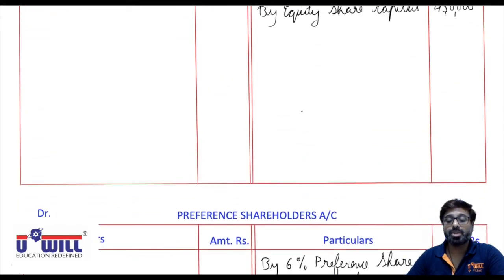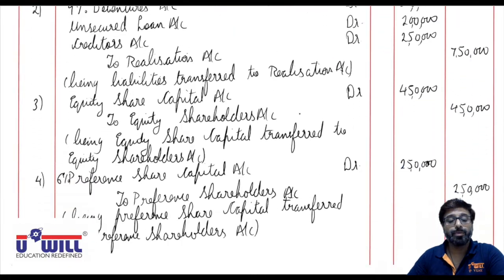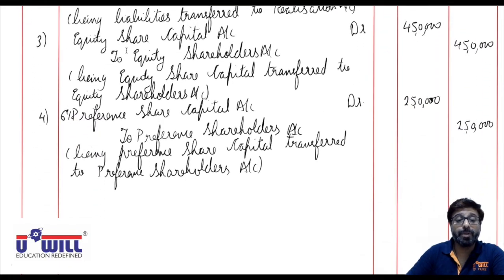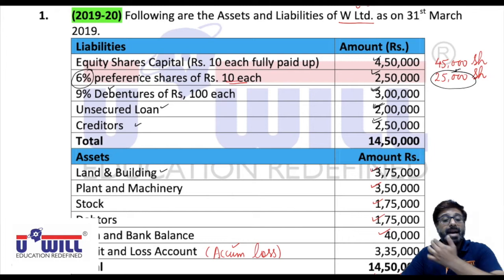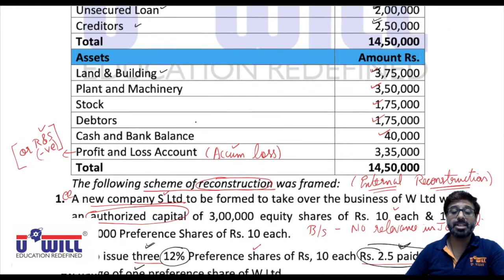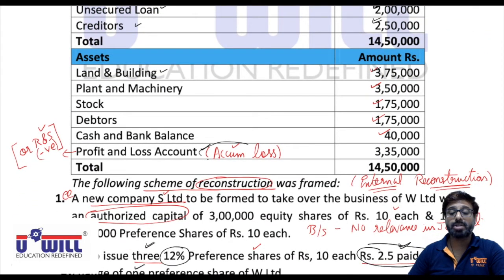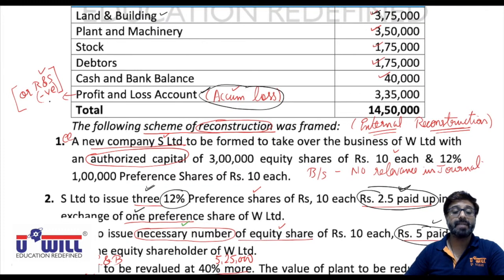Okay, so first four entries are done. Now fifth is for reserves and surplus, but we don't have any. You all can see here, after preference shares, debentures, unsecured loan and creditors, there are no reserves and surplus. So sixth, fictitious asset, we do have accumulated loss, other non-current asset or fictitious asset, negative reserve.